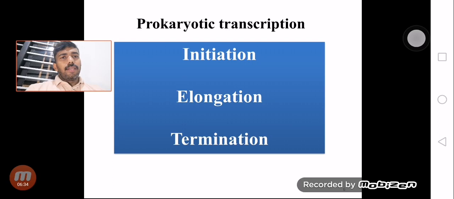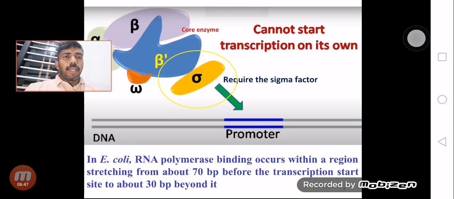So when we look at prokaryotic transcription, for understanding we can split the entire mechanism into three phases: initiation, elongation and termination. Initiation is the interaction of the polymerase enzyme with the DNA, specifically with the promoter site.